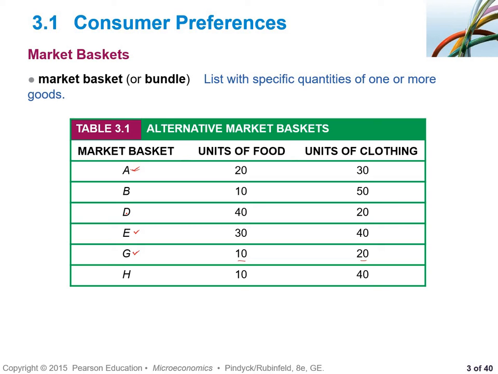He cannot choose any one of these. ठीक है, किसी एक को वो चूज नहीं कर पा रहा क्योंकि कुछ चीजें एक के अंदर कम है तो दूसरे के अंदर ज्यादा है. अगर एक के अंदर ज्यादा है तो दूसरे के अंदर कम है. ठीक है. And if we want to compare between H and A, again he will be indifferent. But if we compare H with B, then we will certainly prefer market basket B because we have 10 more units of clothing, whereas the units of food are equal in both of the market baskets.